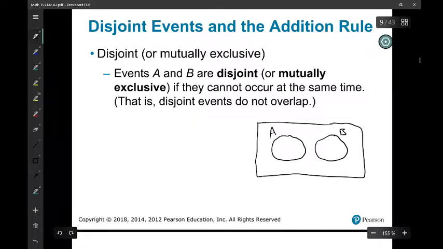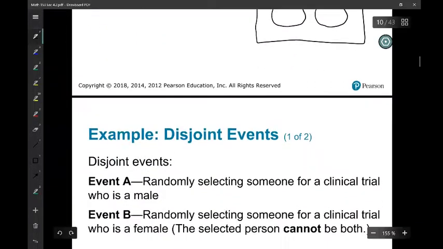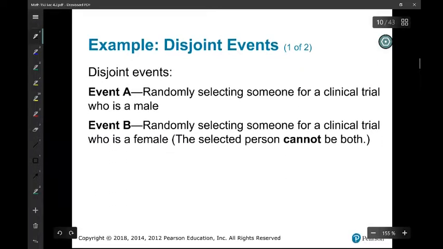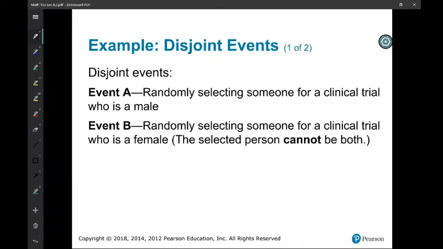Here's event A, here's event B, and here's the sample space. So for disjoint events, event A: randomly selecting someone for a clinical trial who is male. And event B: randomly selecting someone for a clinical trial who is female. The selected person cannot be both.